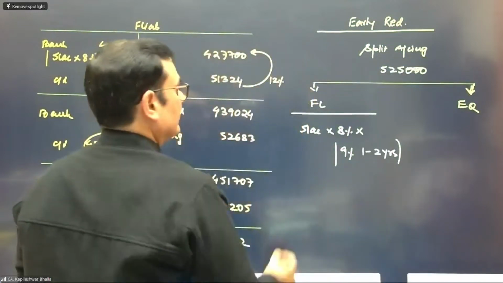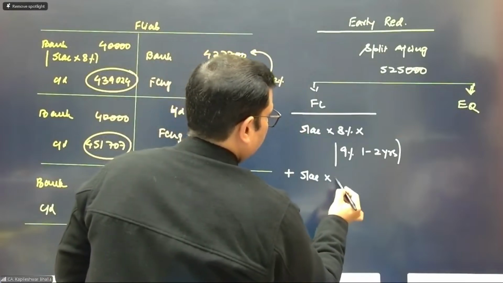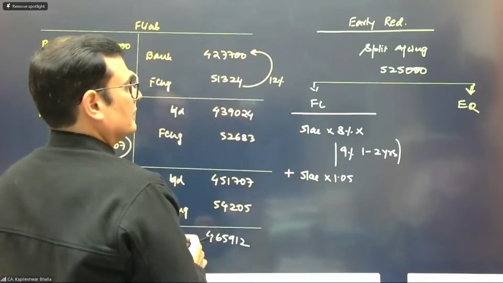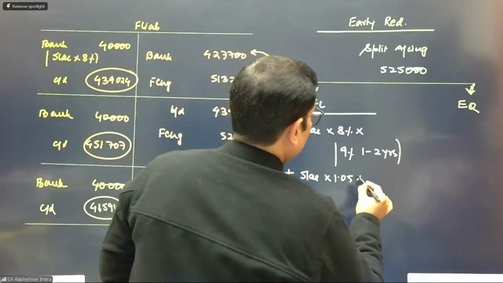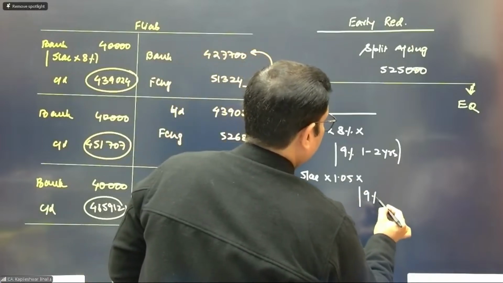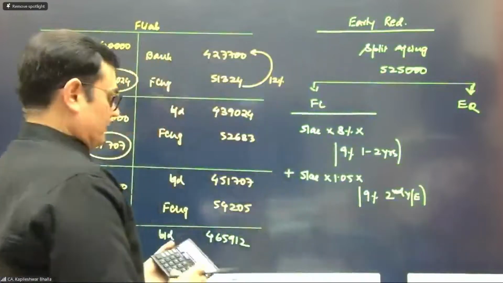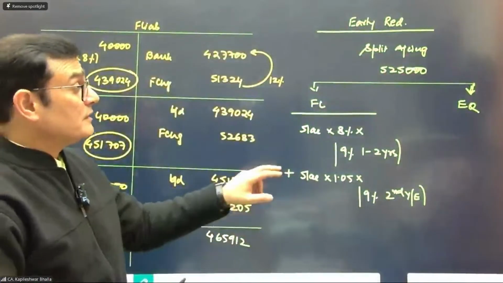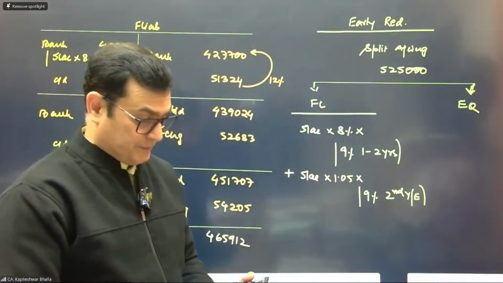And there is a principal which is at 5% premium, so we need the 9% second year end factor. This is the new discounting rate on the date of conversion.